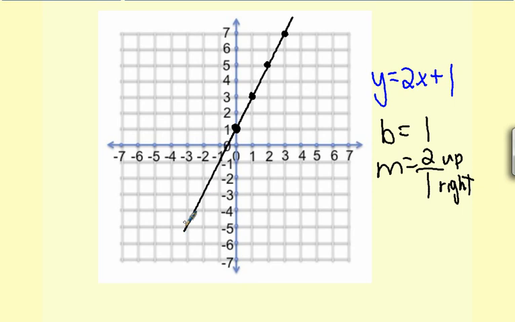All right. So let's talk about parallel and perpendicular. When are lines parallel? Well, lines are parallel when they never cross, right? So we can extend our knowledge of lines being parallel by talking about the slope. Lines are parallel when slopes are equal.